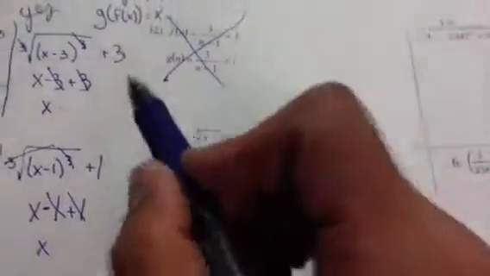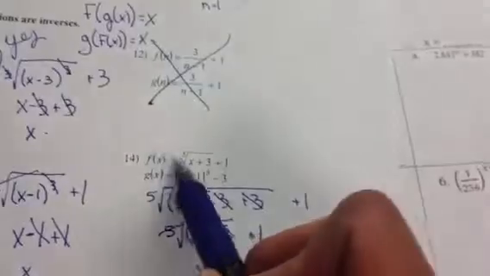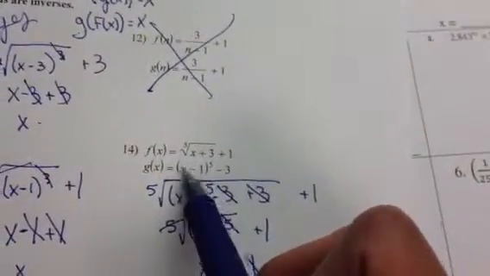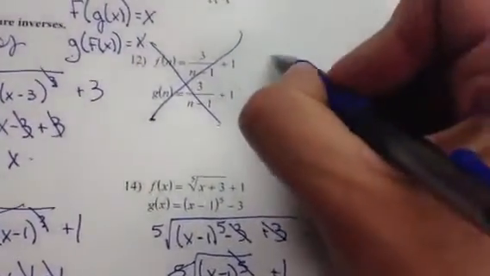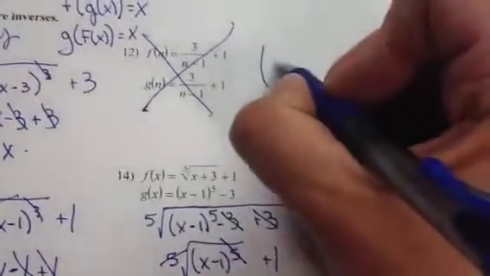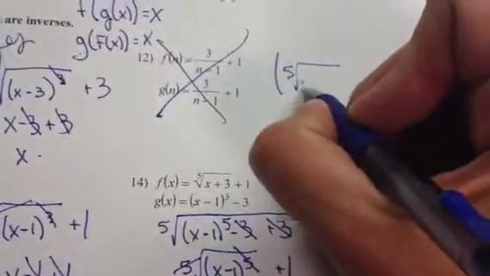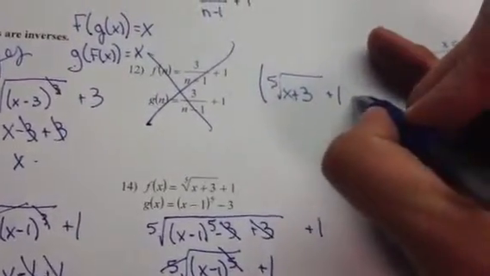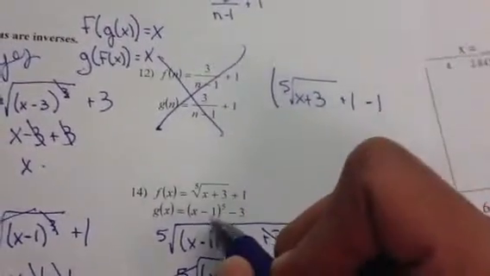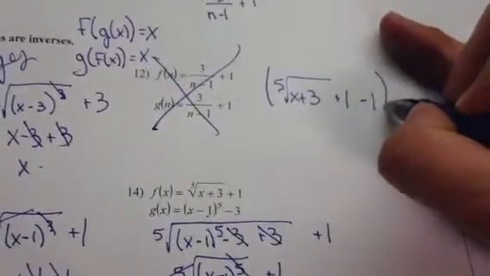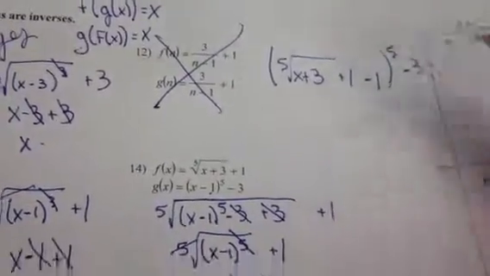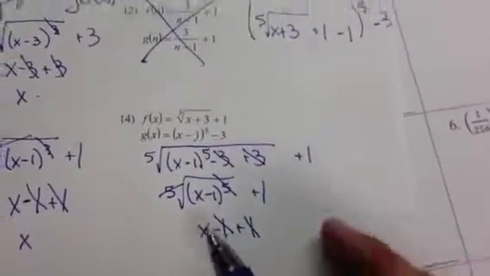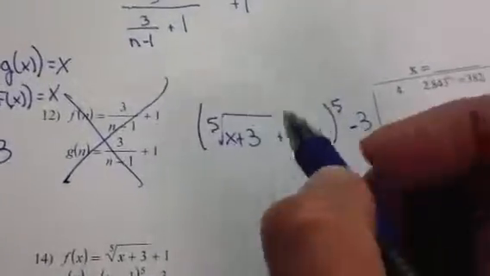So now what I'll do is I'll take f and put it into g, so all of this is going right in there. I'm going to use the space up here. So in for x goes the fifth root of x plus 3 plus 1. And then I still have the minus 1 that's there. And then all that's to the fifth power, and then the minus 3. So remember, the 1's went away first, or last here, they'll probably go away first here.